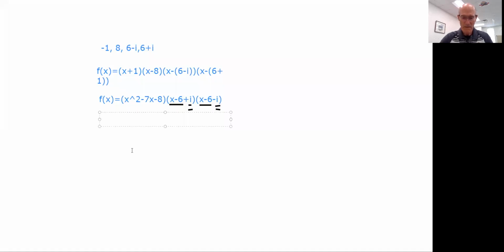So you would have f of x equals x squared minus 7x minus 8, and then you multiply this by the following. Remember what happens if you square a binomial, like x minus 6: you get the square of the first, which is x squared. You get minus twice the product, so the product is 6x, so you get a minus 12x.